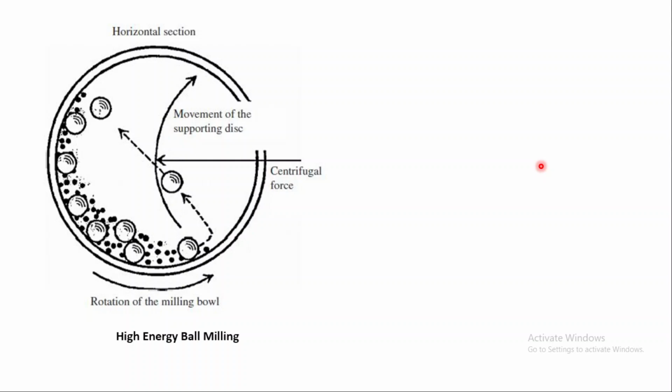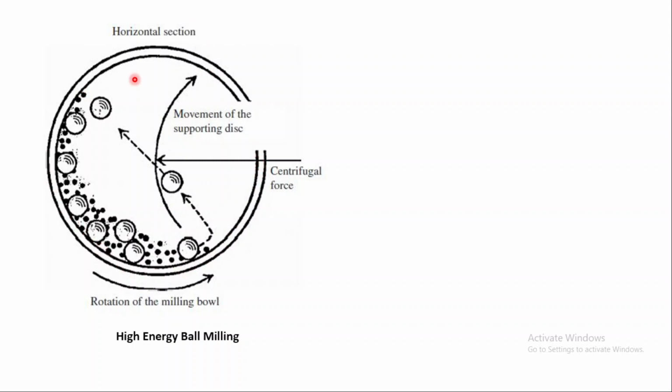So any of these applications, mechanical pressure or high energy radiation, thermal energy, electrical energy, are all coming under physical methods. Now looking at the first option, high energy ball milling. I remember at the start of the session, there was a question in the chat. So what is the mechanism of high energy ball milling? So here we are. Let's discuss thoroughly. So as you can see in this diagram, this is a big ball, double layered, as you can see.